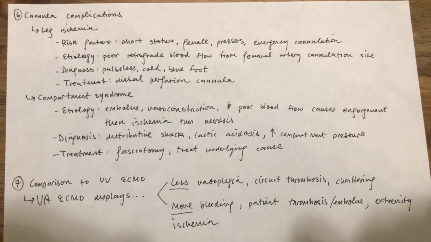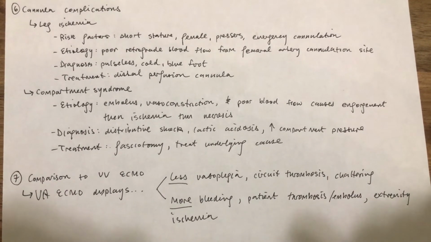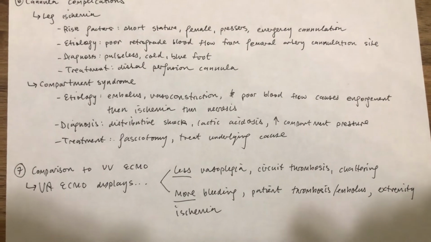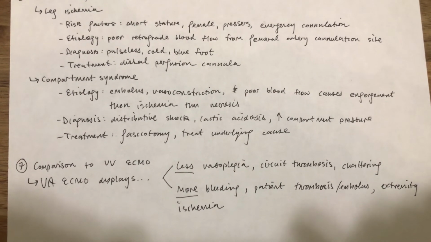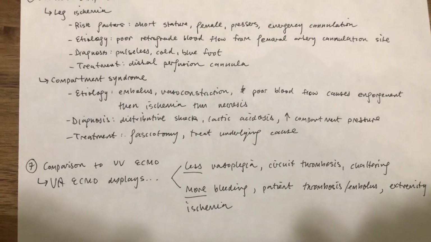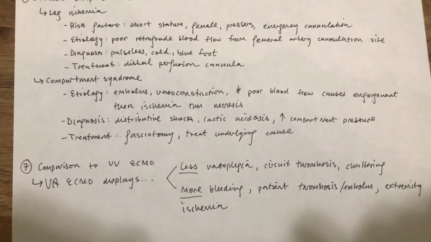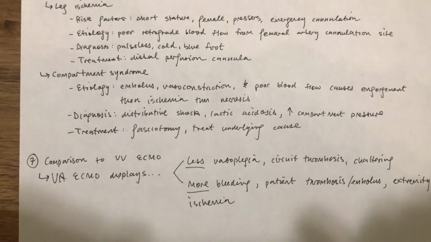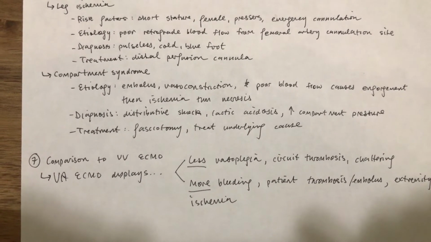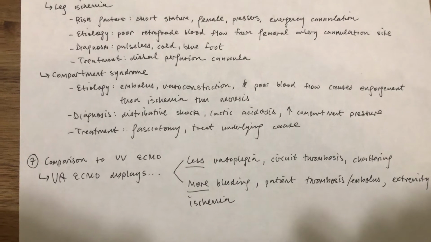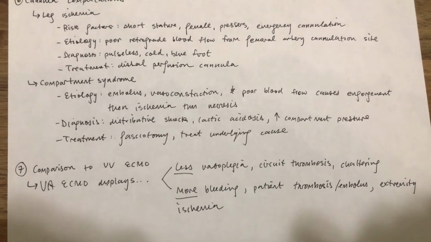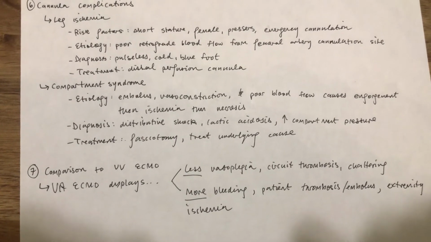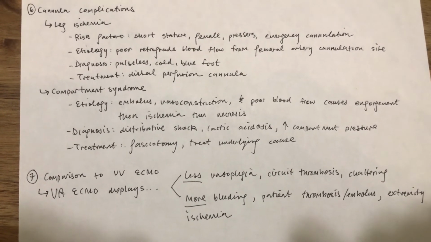You have a combination of poor antegrade flow, partially from the shock, but partially because the ECMO cannula shoots blood retrograde. If the femoral vein is cannulated, you're also going to have poor venous drainage. So this is a perfect storm of having a poor perfusion pressure and developing ischemia.